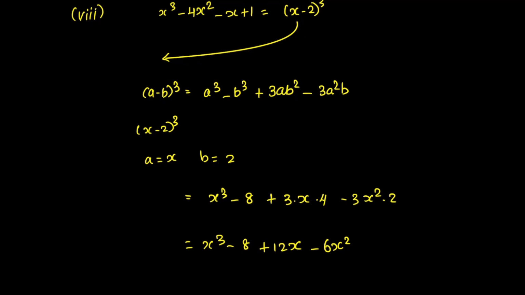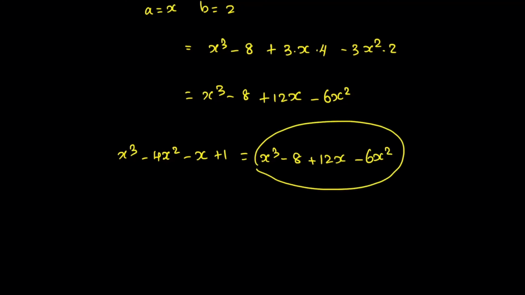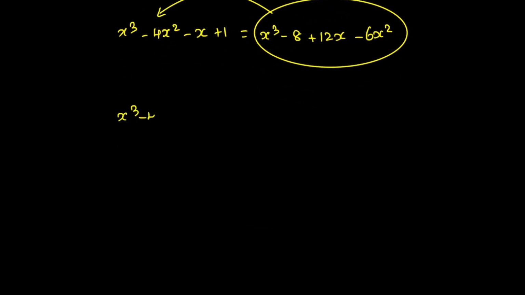Now replace it. x cube minus 4x square minus x plus 1 is equal to x cube minus 8 plus 12x minus 6x square. Now all the terms are moving to the left side. So x cube minus 4x square minus x plus 1 minus x cube, minus 8 will become positive 8, and minus 12x plus 6x square is equal to 0.